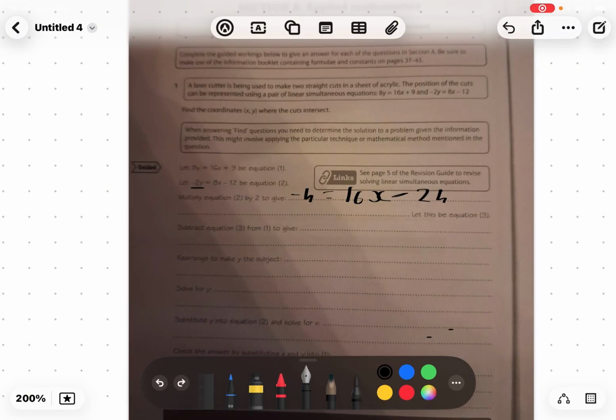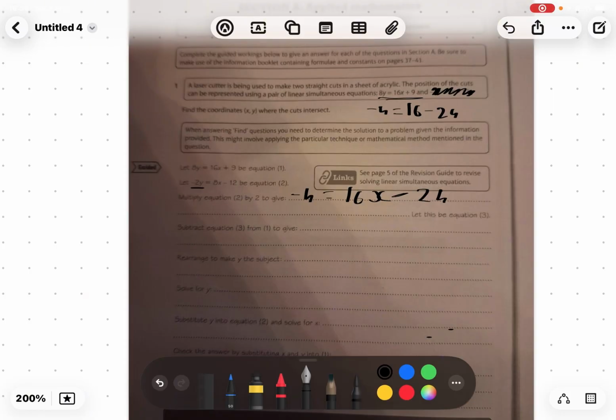I'll just write it on the top. We have this, and now we also have this as a new equation. So we have these two, and we just take them away.